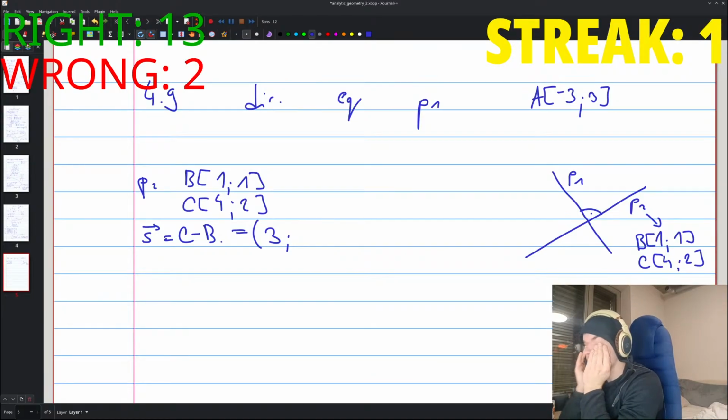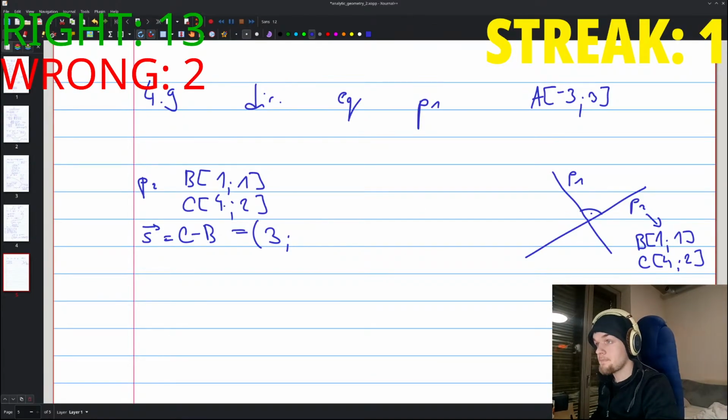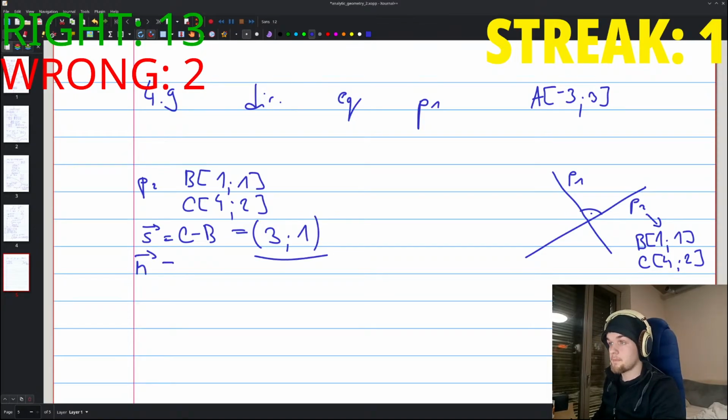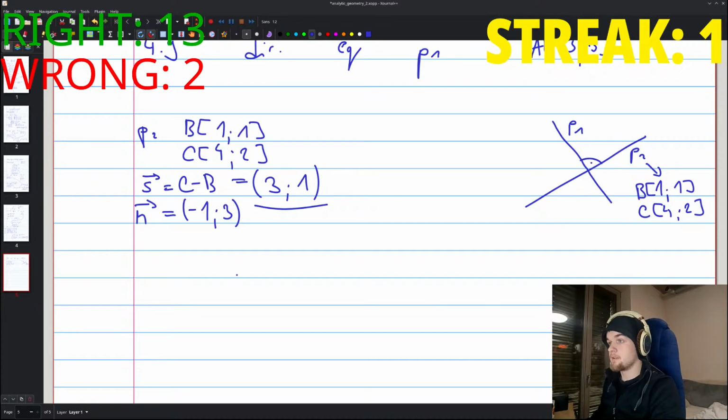Bro, my focus is cooked. Ah, okay. 2 minus 1 is 1. Then we get the normalized vector, which is, let's go, minus 1 and 3. I'll just pop it in, so we get minus x plus 3y plus c equals 0.